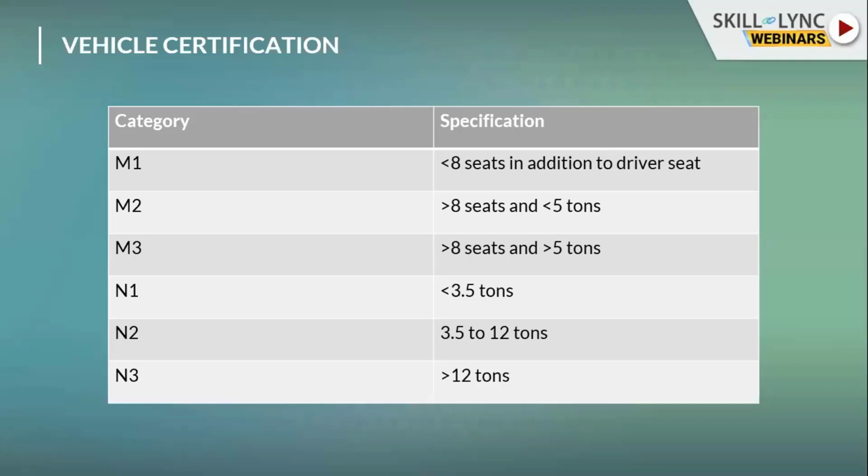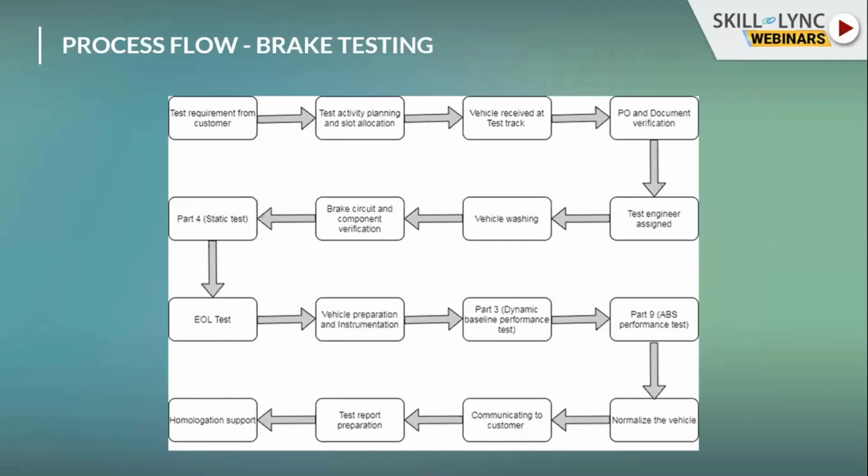of this webinar. Then next comes the process flow, which is the basic flow followed for brake testing in a company or a testing authority or anything. Quickly, let me run through all the process lined up. First, the test requirement from the customer.